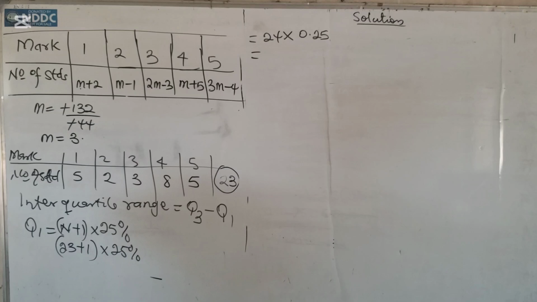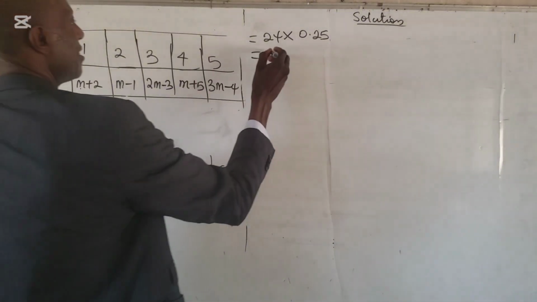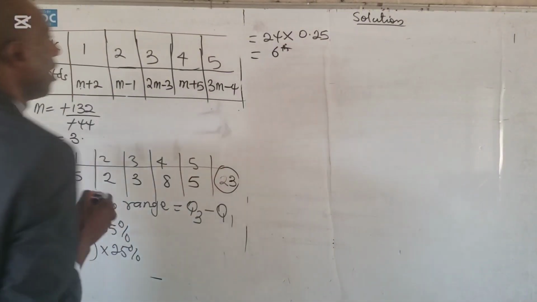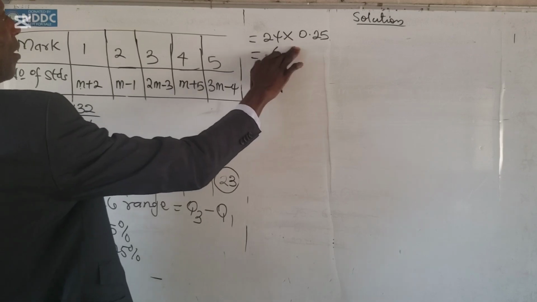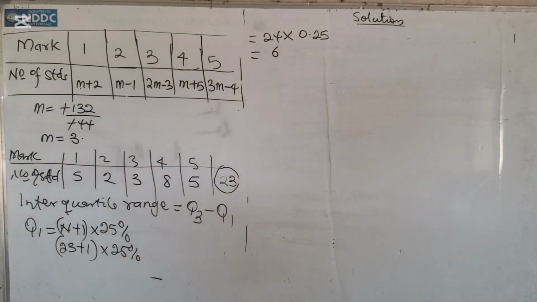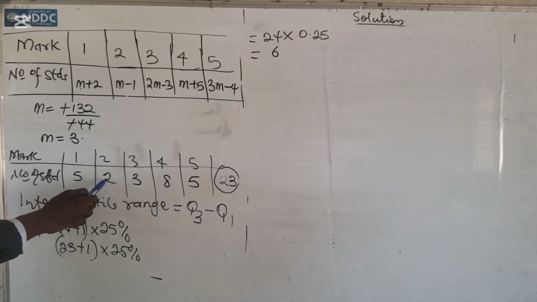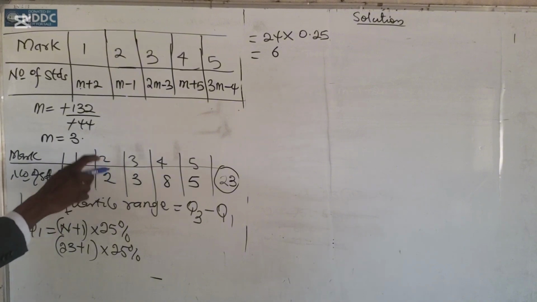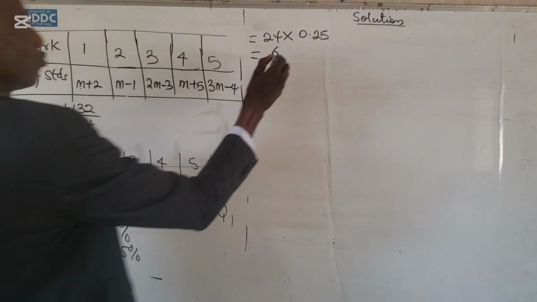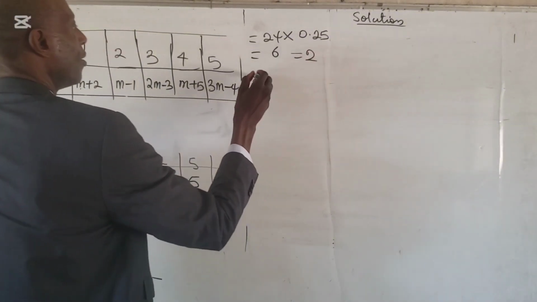What is 24 times 0.25? It gives us 6. So let's get the 6th position from the cumulative frequencies: here is 5, and one more makes 6, so Q1 is 2.